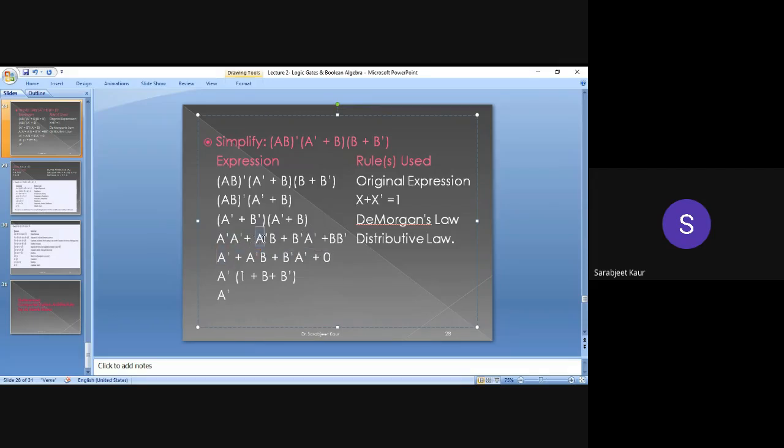These two terms remain the same. And X X dash is 0. So I'm left with just these three terms.